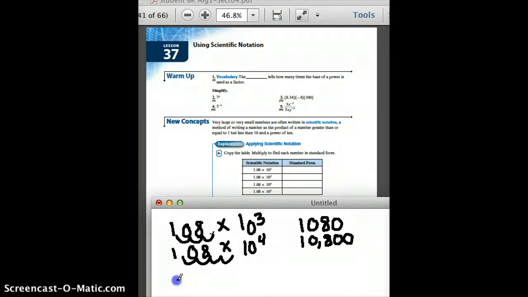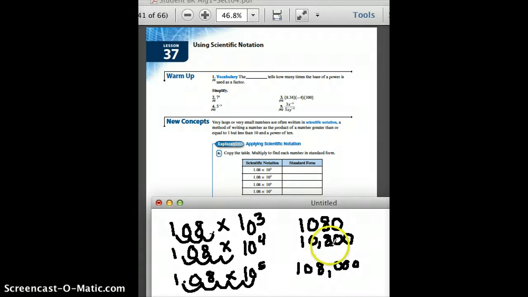Okay, now let's do the next one. 1.08 times 10 to the 5th power. What do you think is happening here? Yes, we move it 5 spaces. 1, 2, 3, 4, 5. Okay, so that becomes 108,000, like so. What happened? Do you see the pattern?